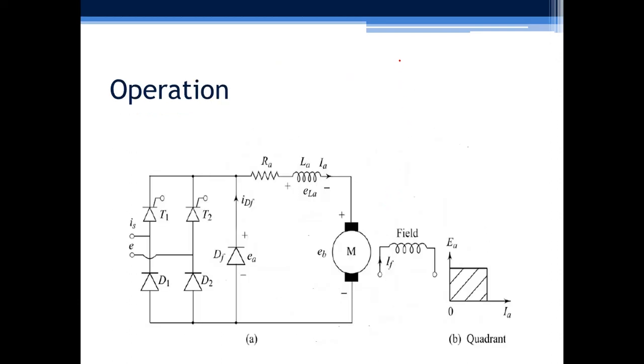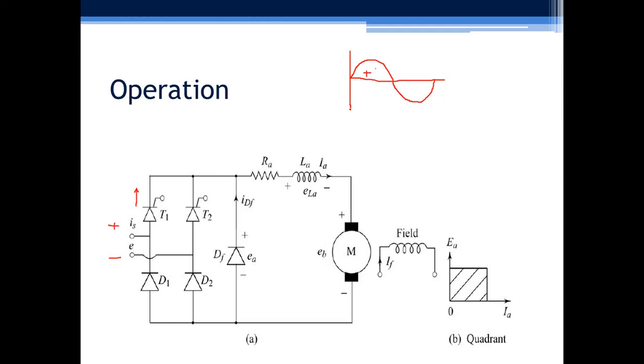We will divide the operation in two parts. When input is positive, if we draw the waveform, we can see what will happen during positive half and negative half. Right now during positive half, the input voltage is positive, and T1 is forward biased.